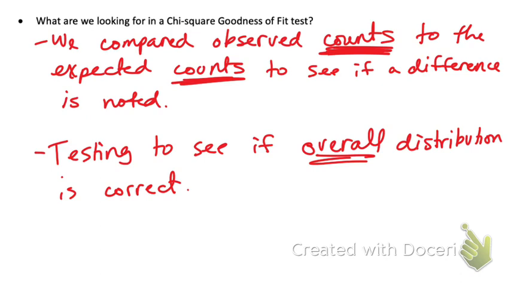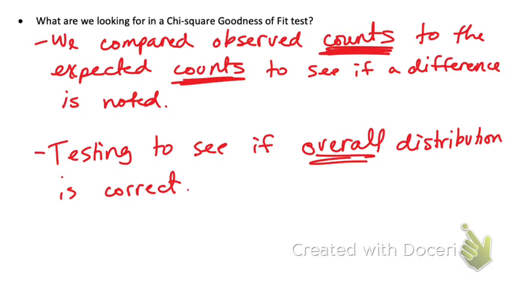We're just going to know that something's wrong. Don't know which one, but it's going to be something in there. Yes, you can do something called a follow-up analysis to see which one is wrong. I'll show you how to do that later, but for now, we're just looking at whether the overall distribution is correct, or whether it has a problem in it.